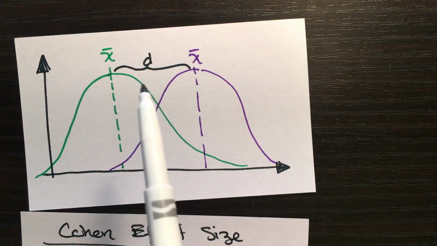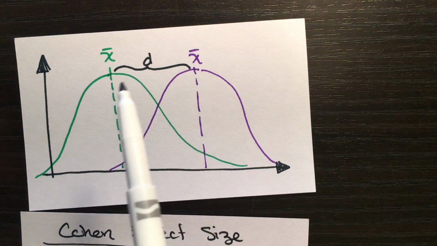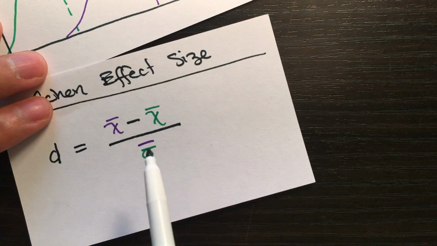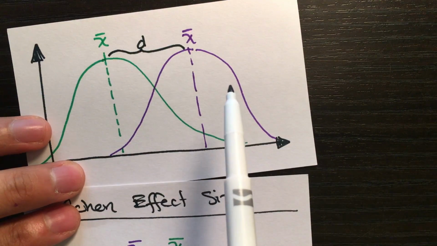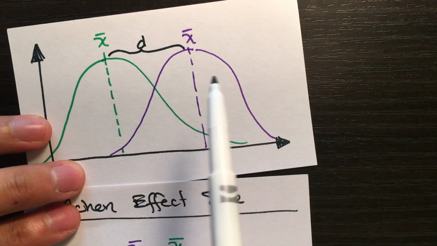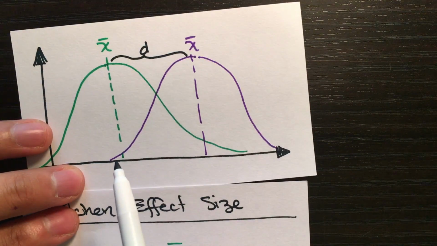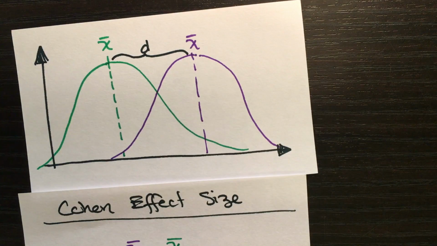But this is a way to visualize it. It tells you the difference in the means in a more accurate way while accounting for the standard deviation. That is, while accounting for all of the weird data over here that isn't necessarily clustered right around the mean. So it's one way to compare things. It's not the best, but it's fast and it's fairly handy in a lot of cases.